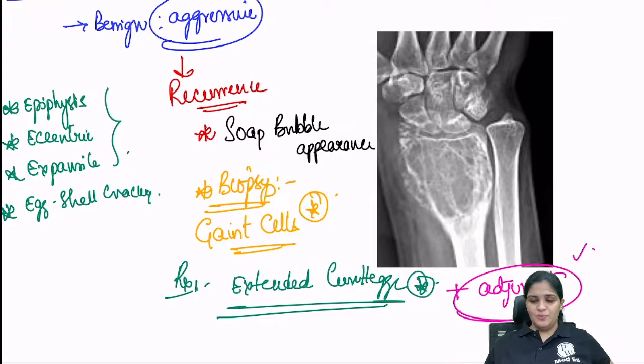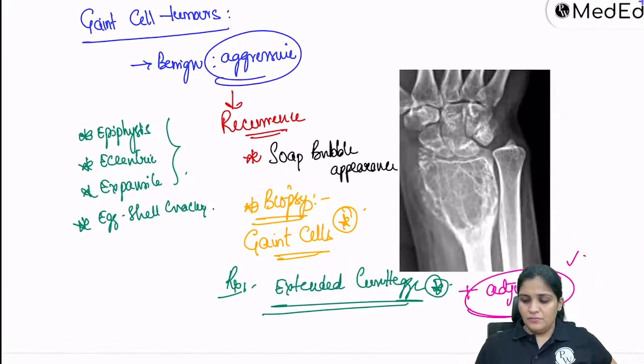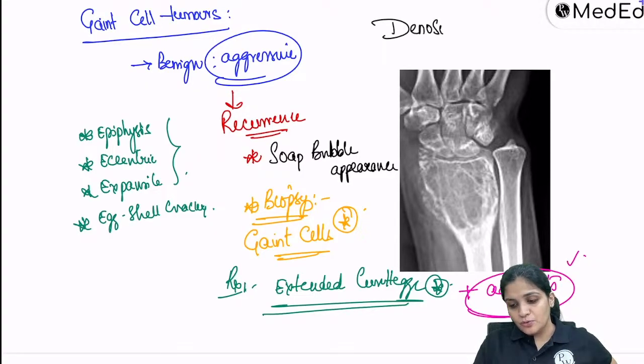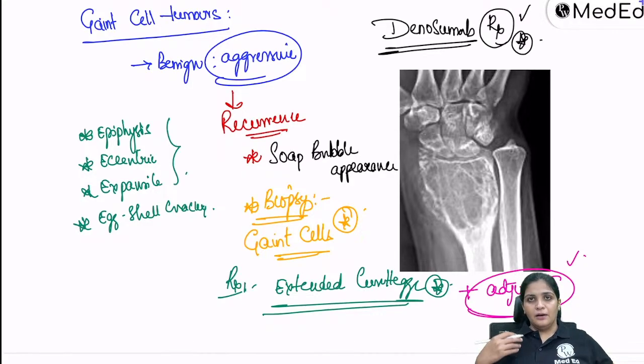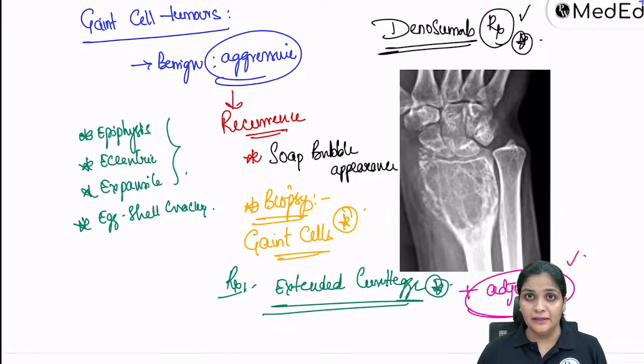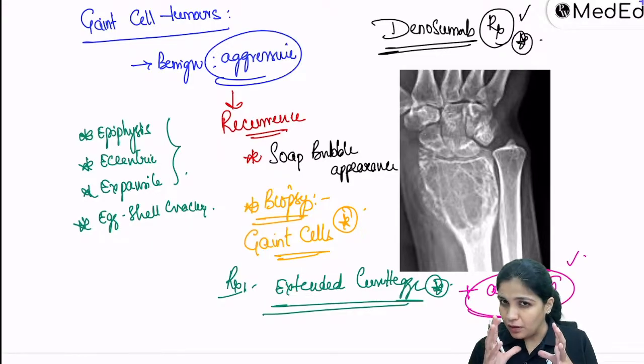Now, a recent advancement for GCT, what you have to remember is they are trying denosumab also in the treatment. This is a recent article which has come up in the treatment of your GCT.